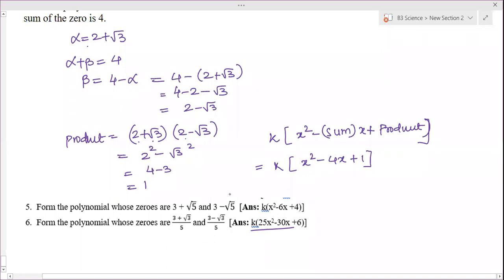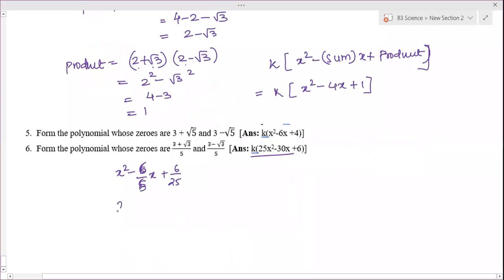Ma'am, can we leave it in fraction itself? No. 25x squared, and here you have to multiply with 5, so minus 30x plus 6. Got it? Yes, ma'am.